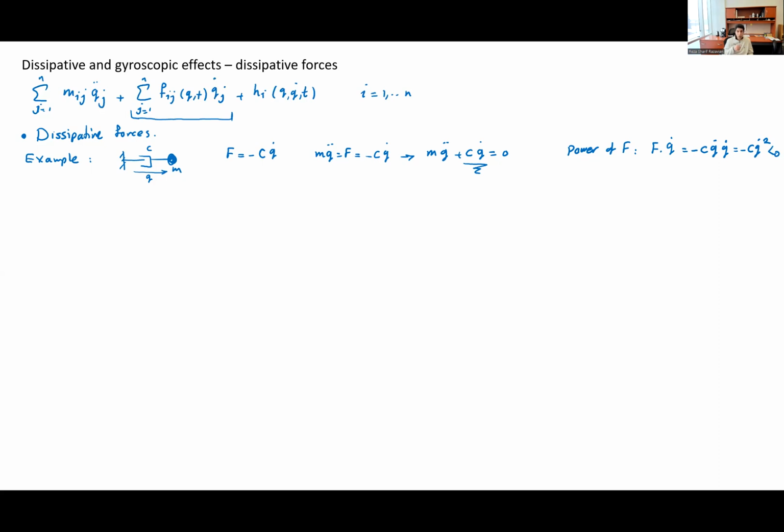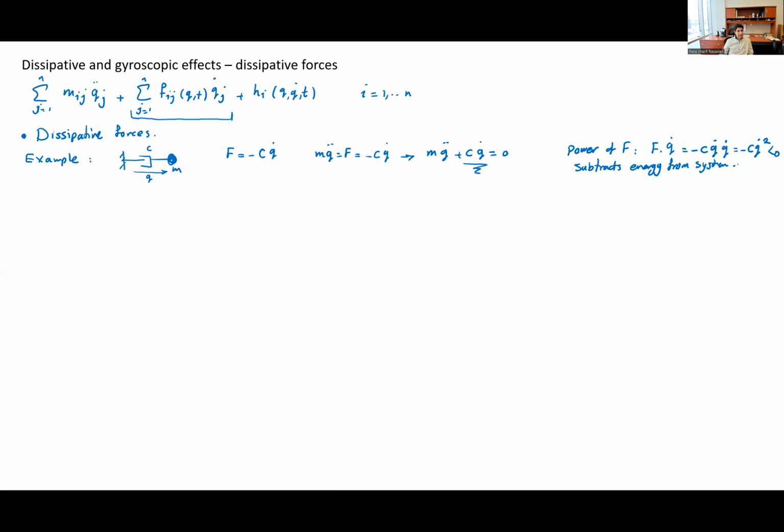So an important property of dissipative forces is that they always subtract energy from the system. So that is a very simple condition.